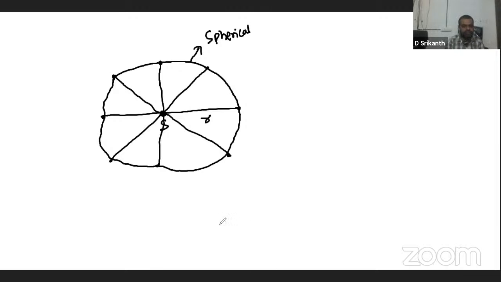Sphere only. If the source is a cylinder, then I will get a cylindrical wavefront.